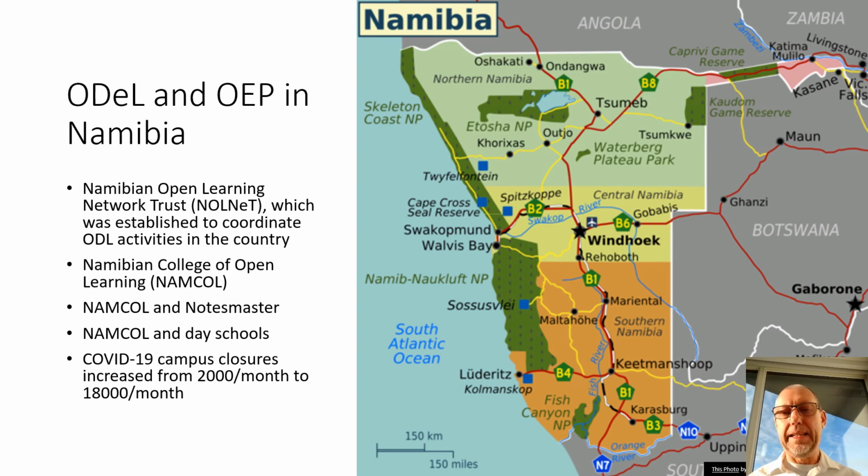When COVID-19 closed school campuses in Namibia, the visits to the website of NAMCOL and the use of its resources increased from an average of 2,000 a month before COVID-19 to around 18,000 a month in recent times. So you can see that if we have open schooling as part of our schooling subsystem, the open school and the traditional schools can support one another.